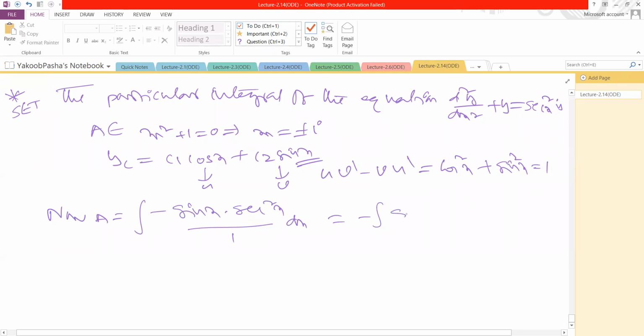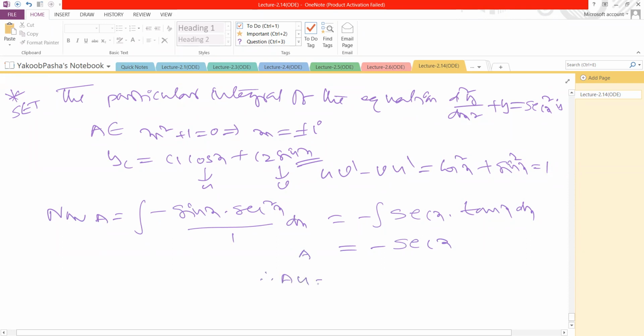That is, the first term secant x, and sin x by cos x, nothing but tan x, dx. Now the integration of secant x tan x is secant x, with a minus first. So this is the value of A.